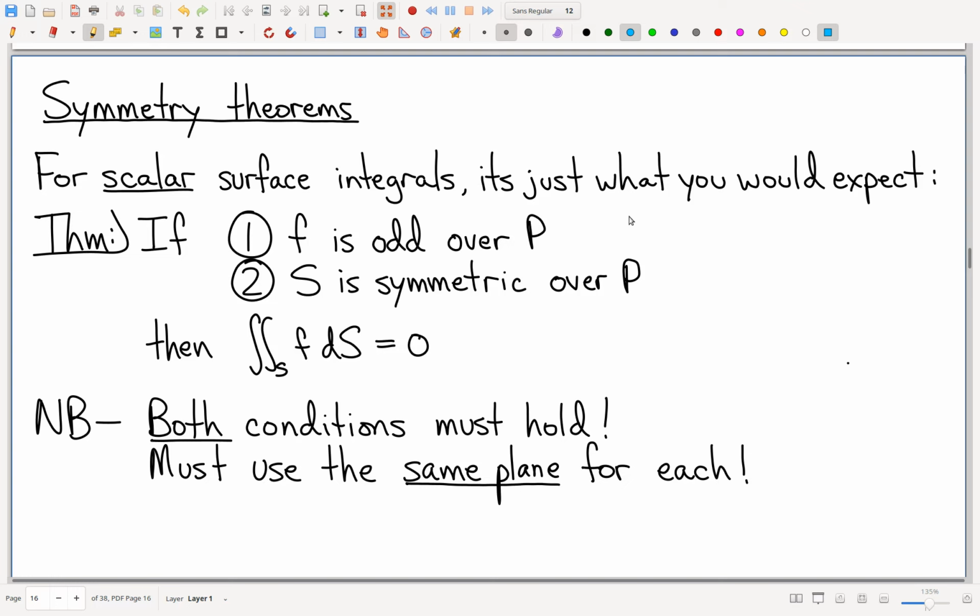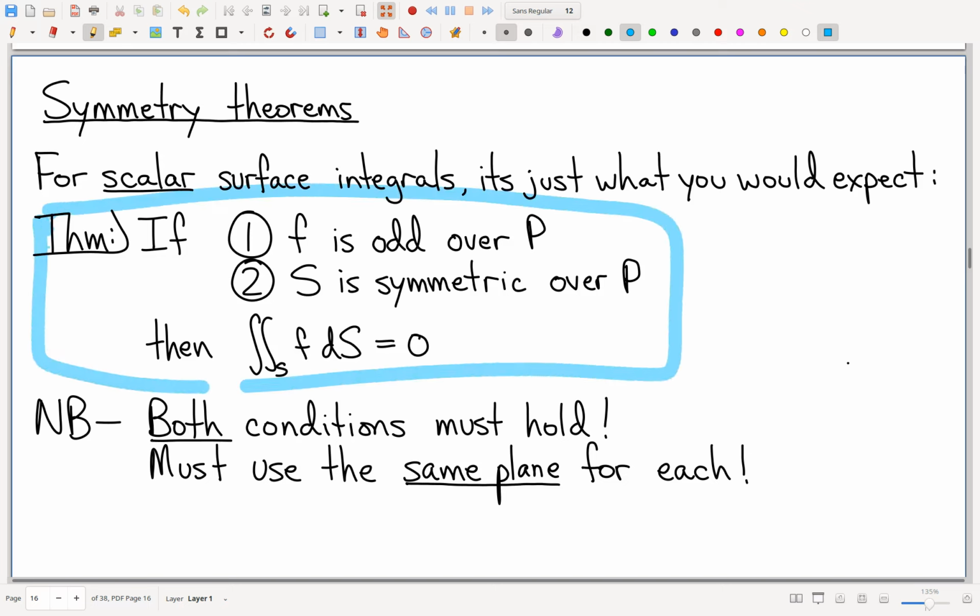Okay, so let's go into the details of symmetry theorems. You'll recognize, if only by the layout on the page, this theorem. It's a brand new theorem, but it's totally analogous to several previous versions. We've seen a symmetry theorem for single variable integrals, double integrals, triple integrals, scalar line integrals, and now the same theorem, laid out on the page the same way, for scalar surface integrals.